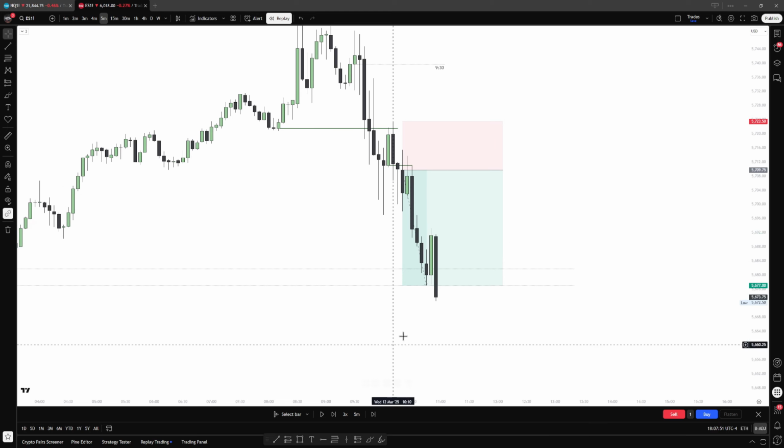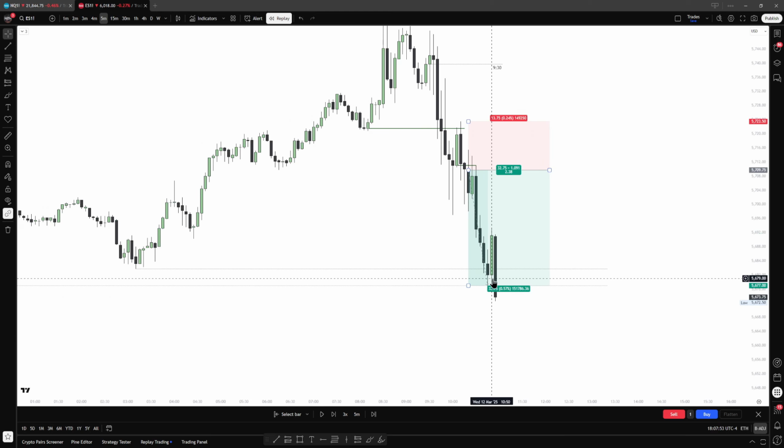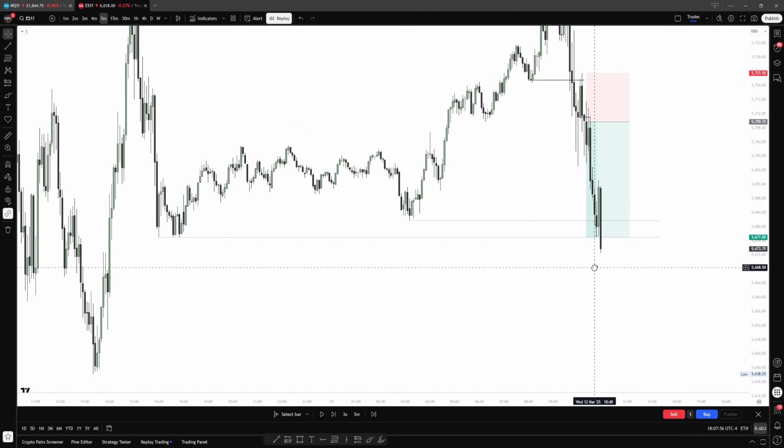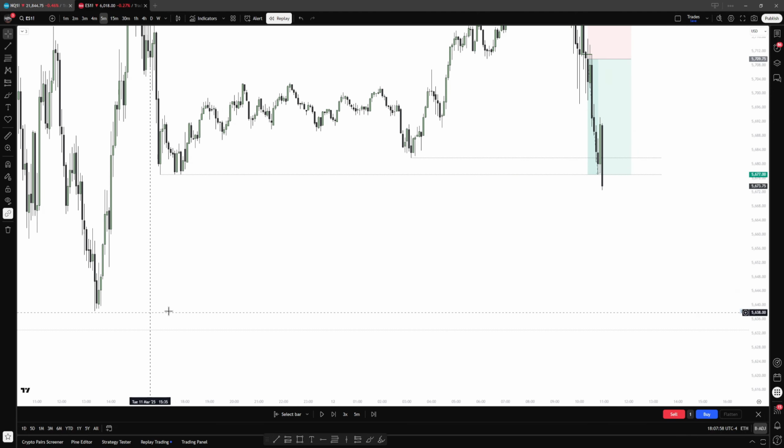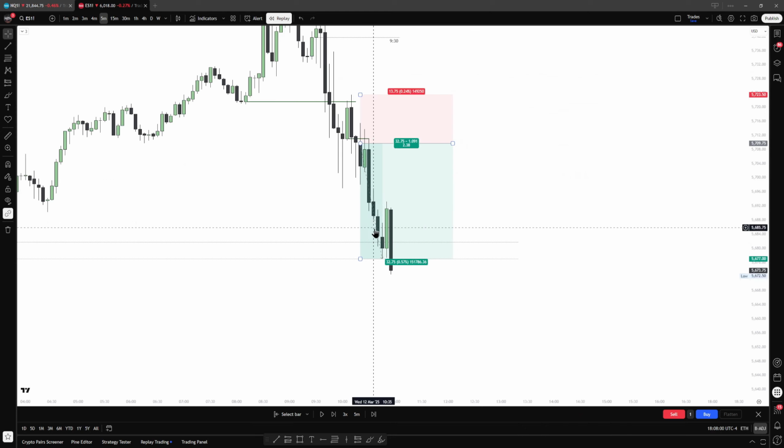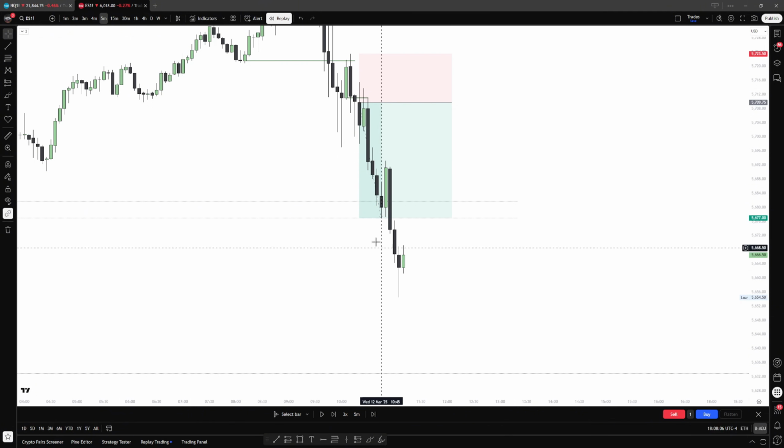So we would most likely scale most of a position here and let the rest run to these lows and just manage it throughout the way. So you could trail your stop here, and then you would scale more out into this weakness, and it ends up coming back on us, right?